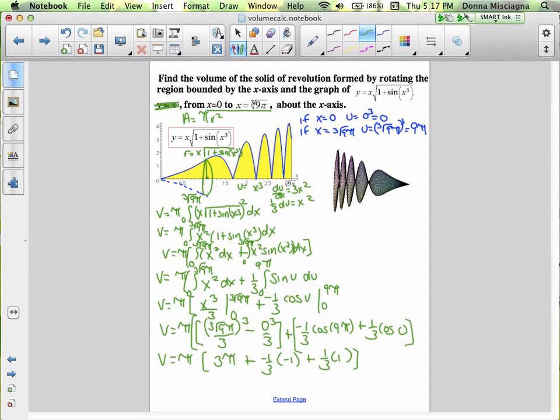Our volume is going to be pi times 3 pi, plus 1/3 and plus 1/3, so that's going to be plus 2/3.